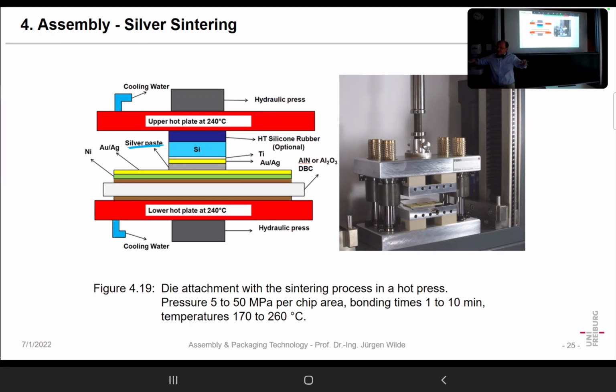And if the pressure is evenly distributed, it will not damage the chip, because silicon, if you put on a very even but very high pressure, it will not fail. The failure always comes if you have a pointwise stress, or if you bend it, or if you pull it. But if you have compressive stress, silicon will be extremely strong. And also what is on and in the silicon is not damaged normally by such compressive pressure.